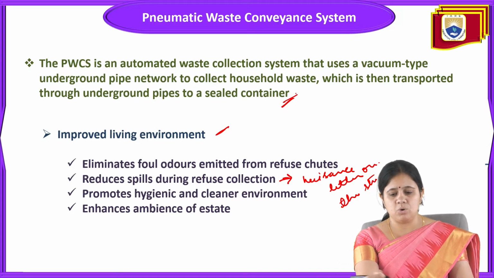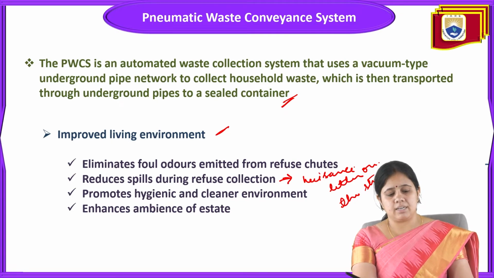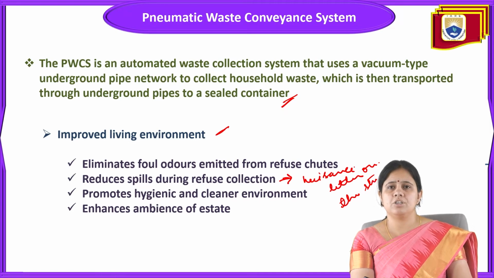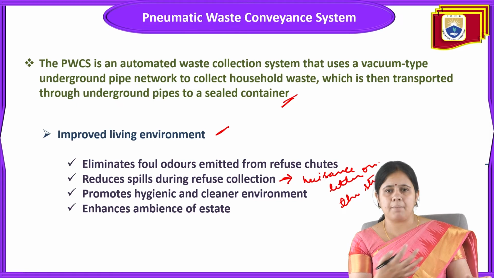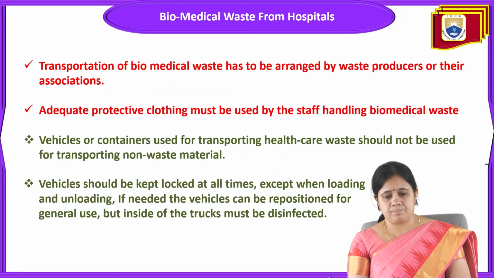This improves the living environment by eliminating foul odors emitted from refuse chutes and reducing spills during refuse collection. The next point is that it promotes a hygienic and cleaner environment. Obviously, it enhances the ambience of the area. So this type of PWCS is a very good waste collection and waste transport method.